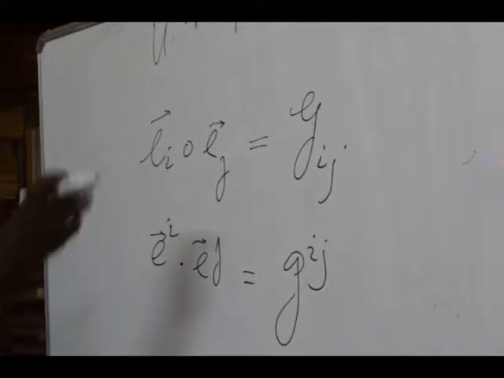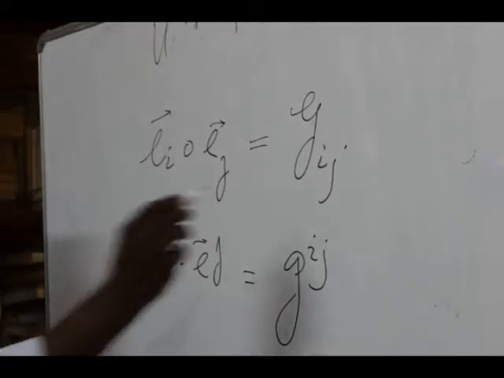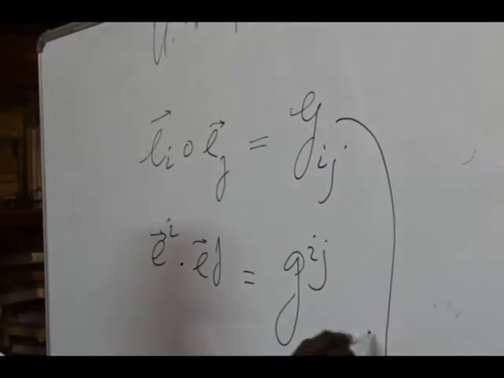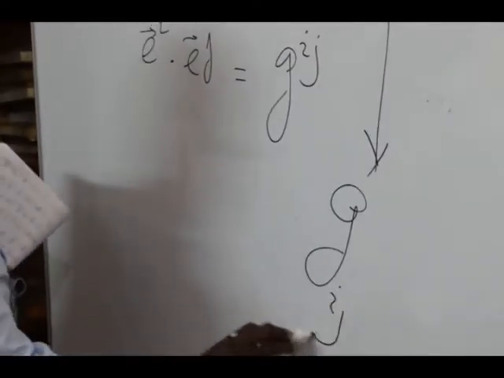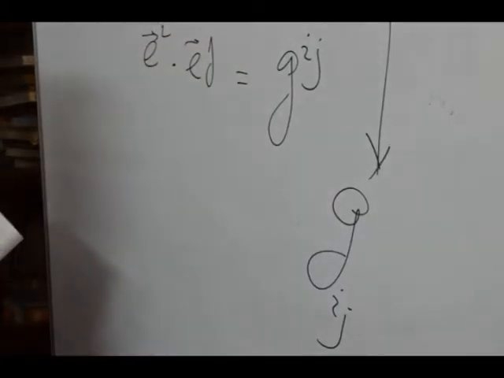And these Gij are a very important mathematical object in physics.